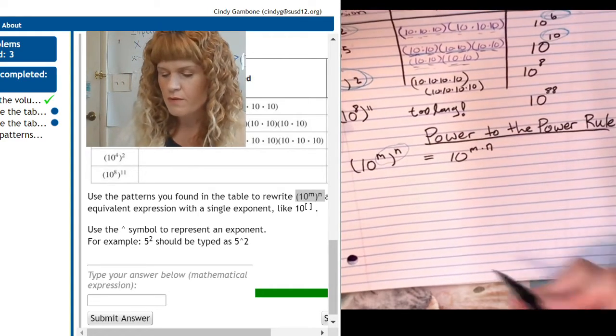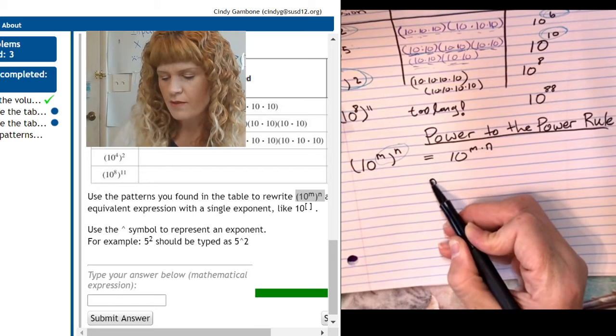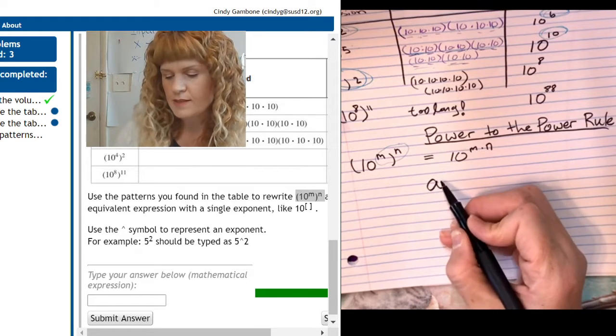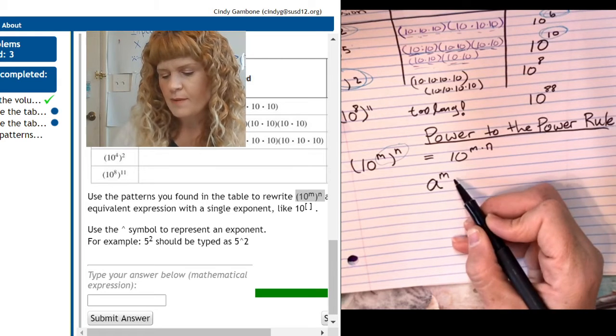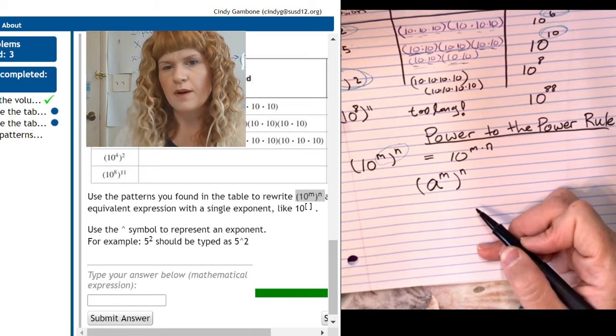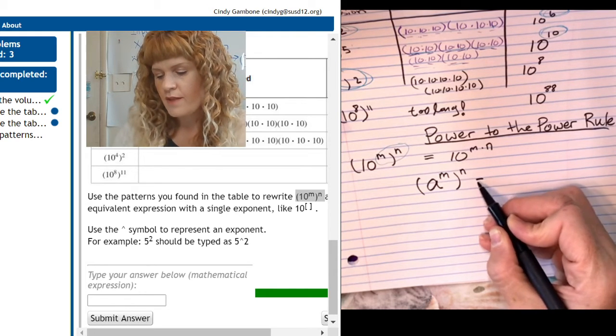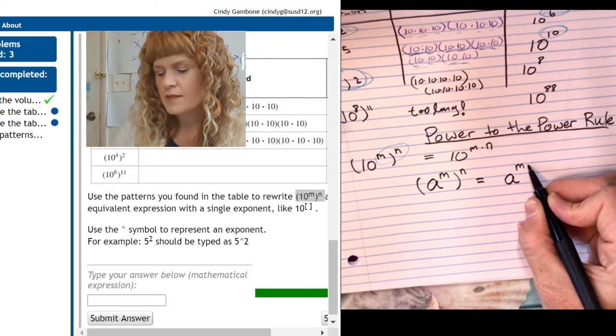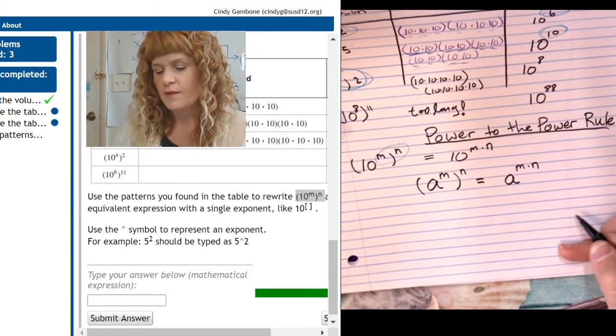Power to the power rule. I'm going to write it another way. A equals some number. It's the base. A to the exponent m raised to the next power of n. The answer is A to the m times n.